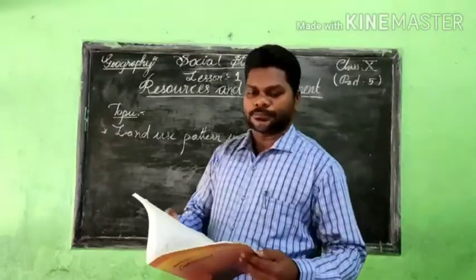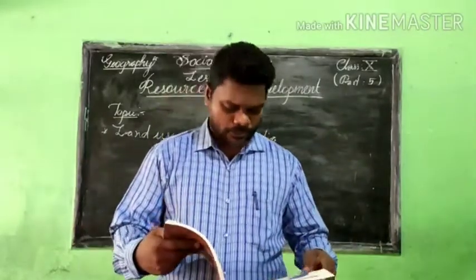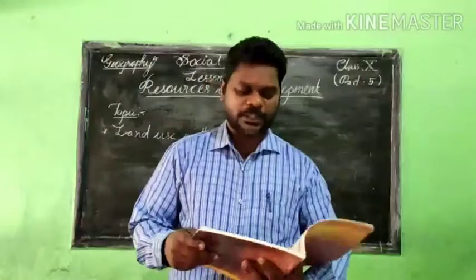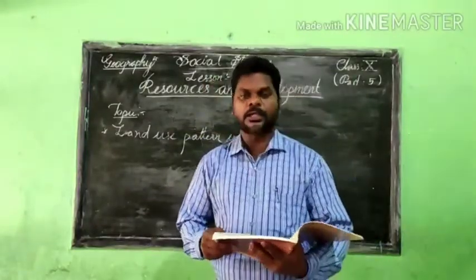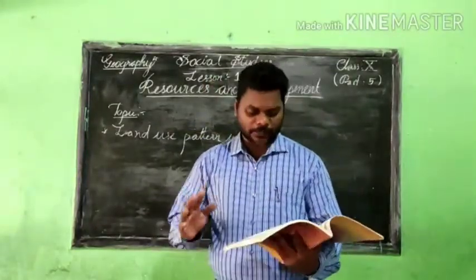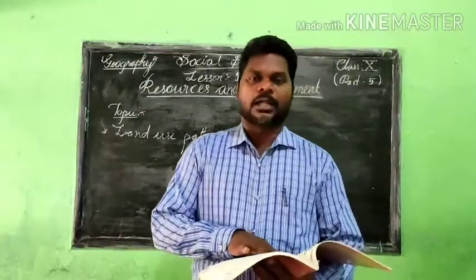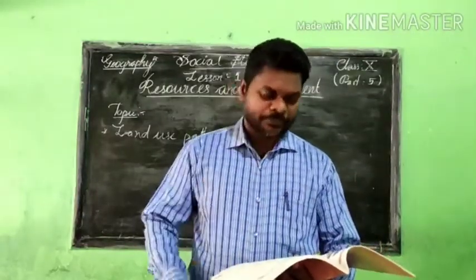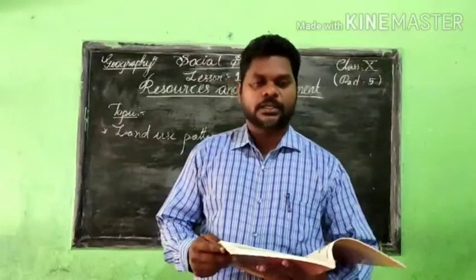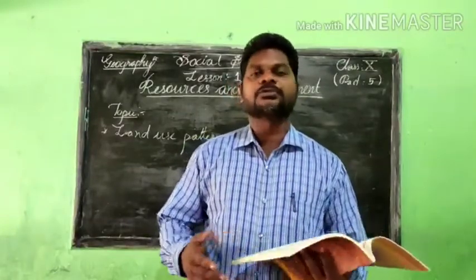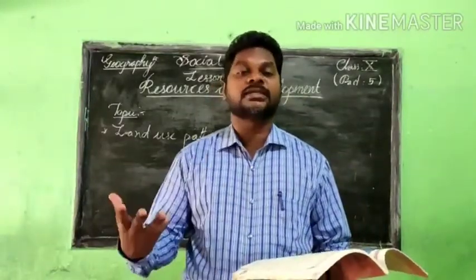So, once again I request you to give your attention towards me to learn, and then you will get a clear picture about this lesson. Last class we mainly dealt with land utilization, how we utilize the land.